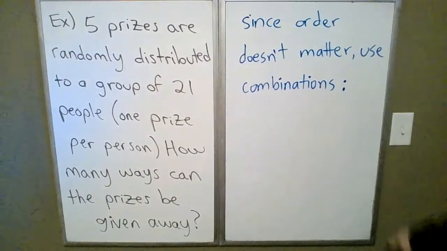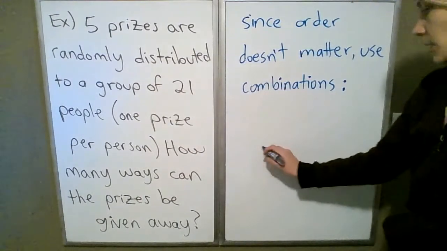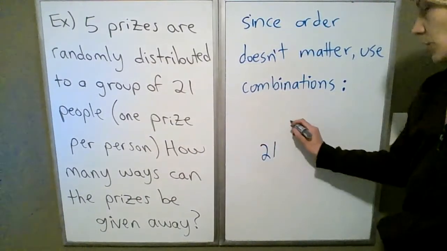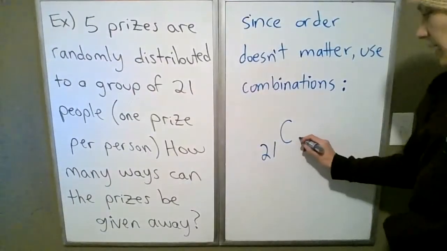It's your total of 21, and we want to choose a random 5 people to give prizes to.